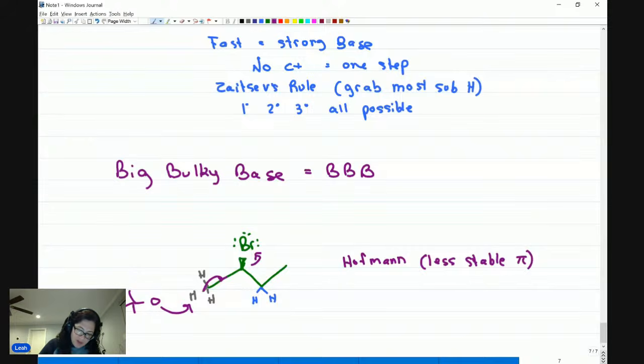The big bulky base in question, for Orgo 1 students, you probably just learned tert butoxide. Orgo 2, you probably also covered LDA. We'll look at tert butoxide specifically. Tert butoxide, tert butyl oxide, written in a million different ways. The most confusing one for students is KOTB, so let's talk about that one. K plus is simply a positive spectator, just like Na plus. OTB is O, tert butyl.